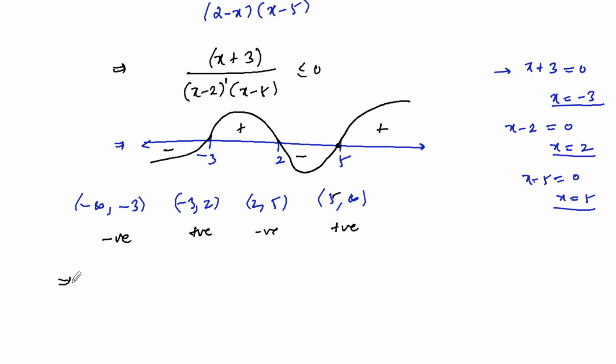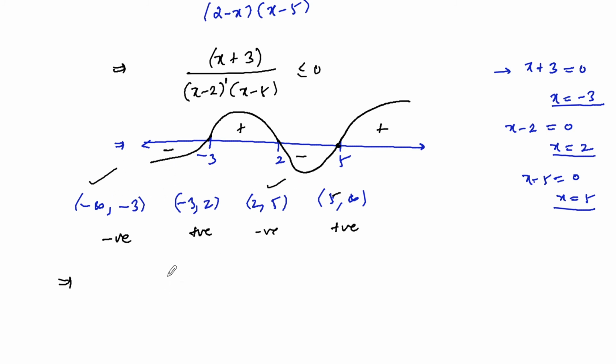So we can write that for x plus 3 less than or equals to 0, minus 3 can be included, but 2 and 5 are excluded. We need to consider the negative intervals, minus infinity to minus 3 and 2 comma 5.